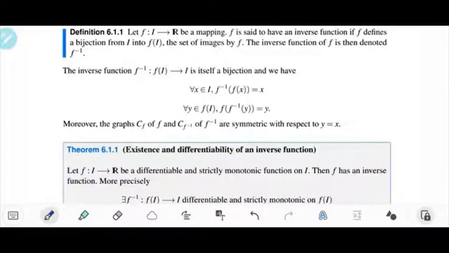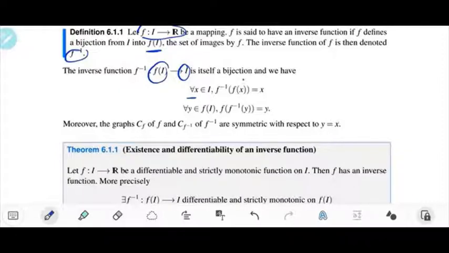So if f goes from I into R, then f minus 1, the inverse function, would be going from f of I, which is the range, into I. And for all x in I, f minus 1 of f of x.